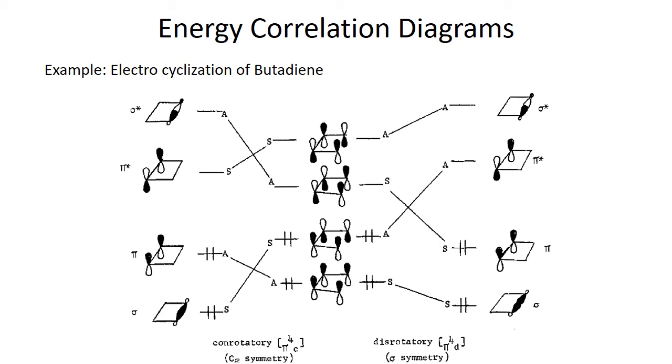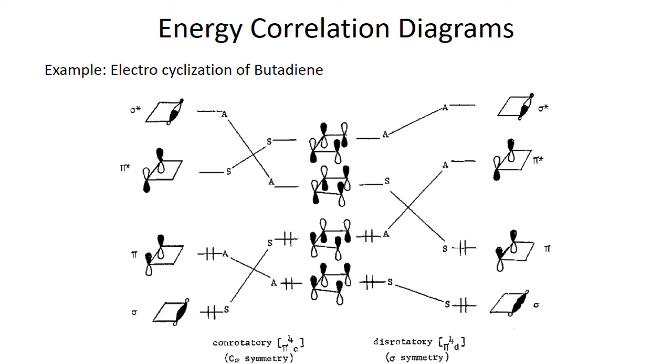When we talk about the construction of the correlation diagram, the information that can be obtained is shown in the figure. Only the 4 molecular orbitals of butadiene and the newly formed sigma and sigma star molecular orbitals are considered, because the other orbitals have minor energy changes as butadiene cyclizes to cyclobutene.